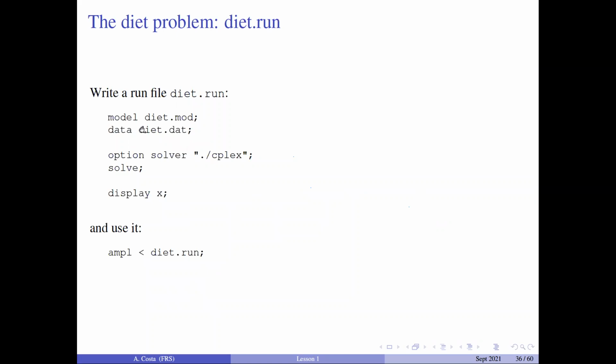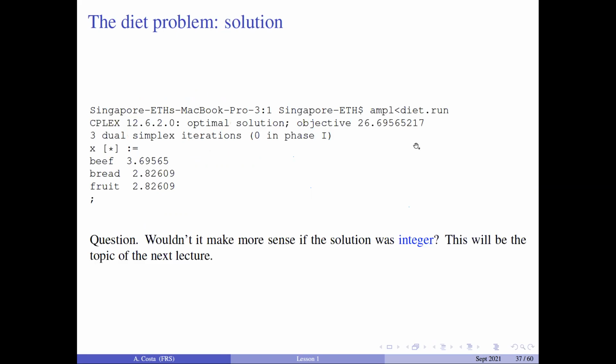Run file, as before, we put what is the mod file, data file, solver to use, solve, and display X. And when we run it this way, or the other way I explained with Windows, what you get is this. You will get that the total cost is 26.69 something, and these are the optimal amount of food that you have to buy.